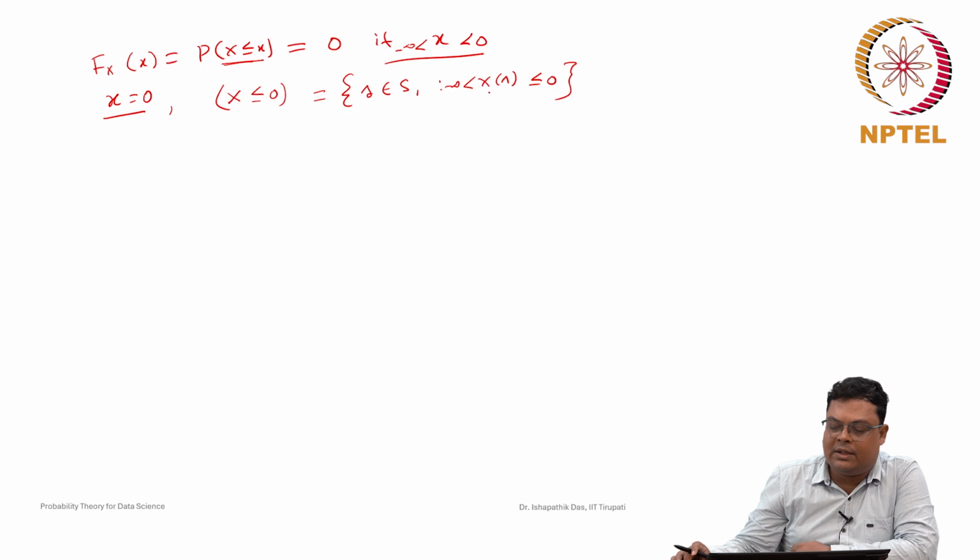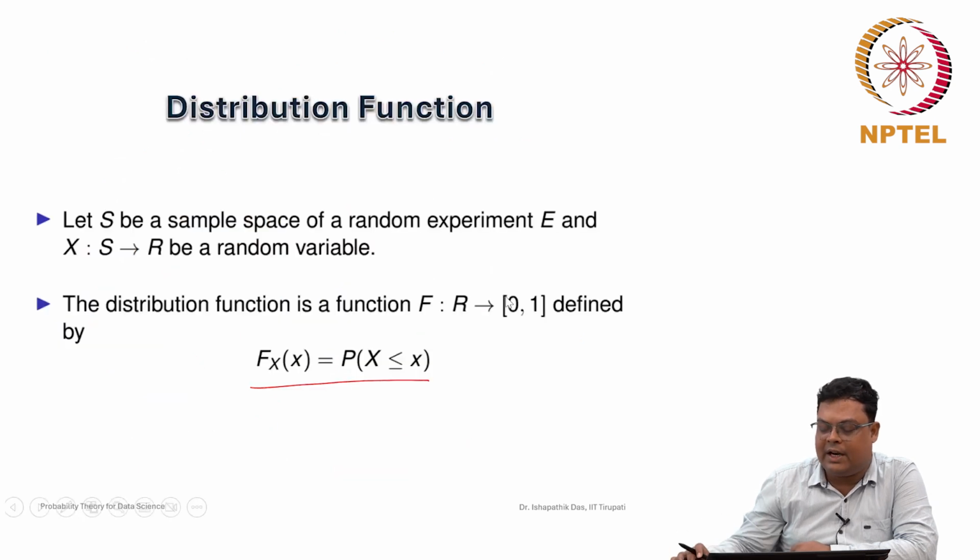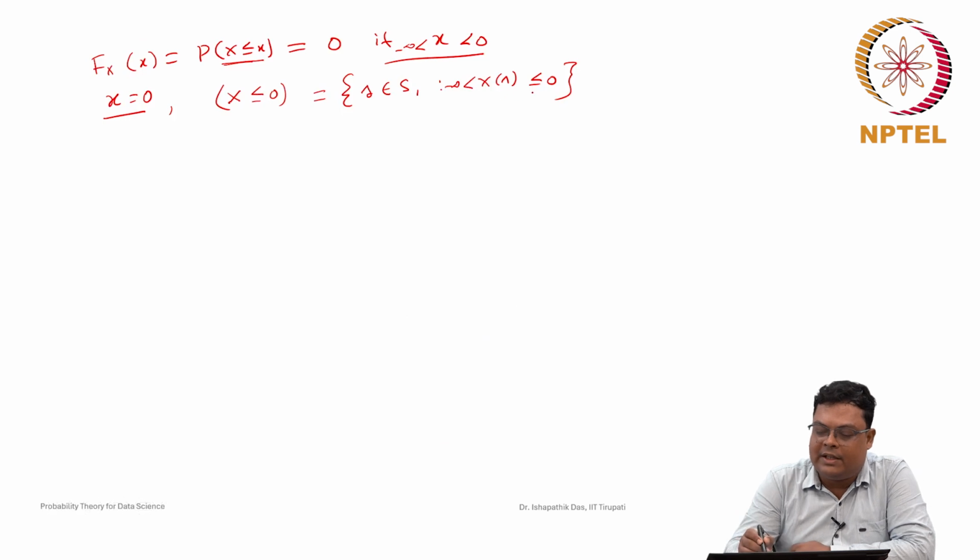Now note that here X is taking the values 0, 1, 2, 3, and only for TTT is it equal to 0, otherwise it is greater than 0. So it is less than or equal to 0, and only equal to 0 is satisfied by this outcome.